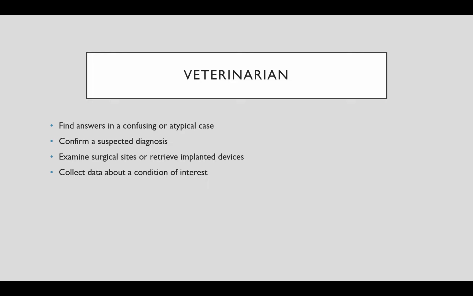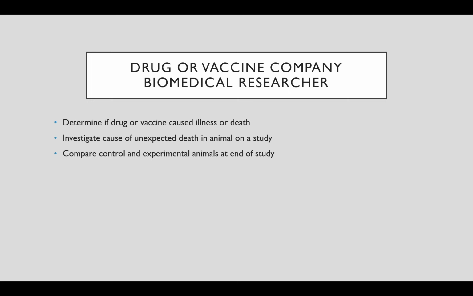From a veterinarian's perspective, a veterinarian wants to find answers in a confusing or atypical case, also wants to confirm a suspected diagnosis, or wants to examine surgical sites or retrieve implanted devices, or maybe collect data about a condition of interest.